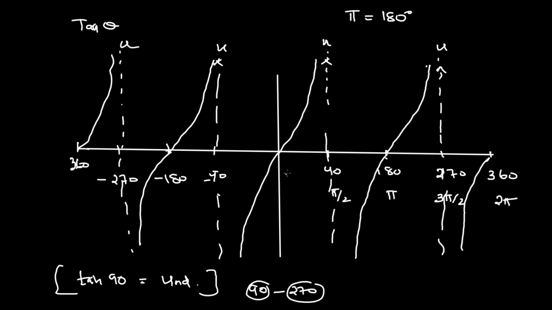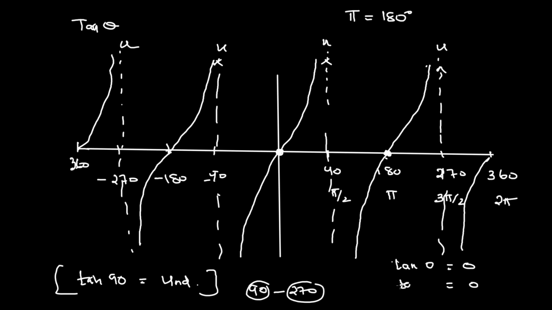Again, the values that we need to know: tan 0 degrees is equal to 0. What is the value here? Tan 180 will be 0.